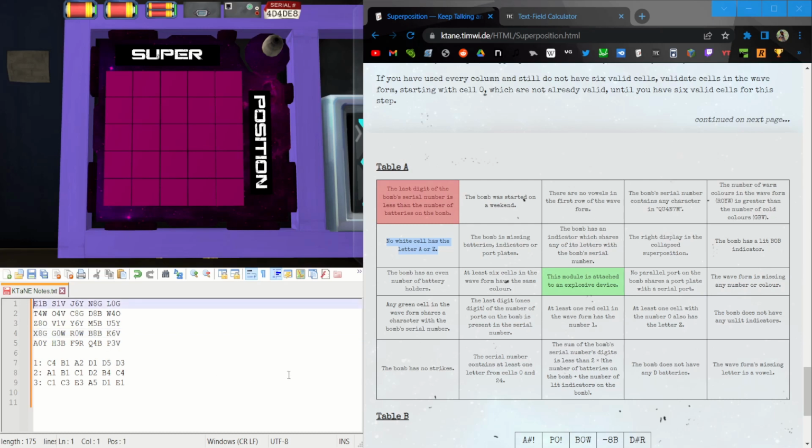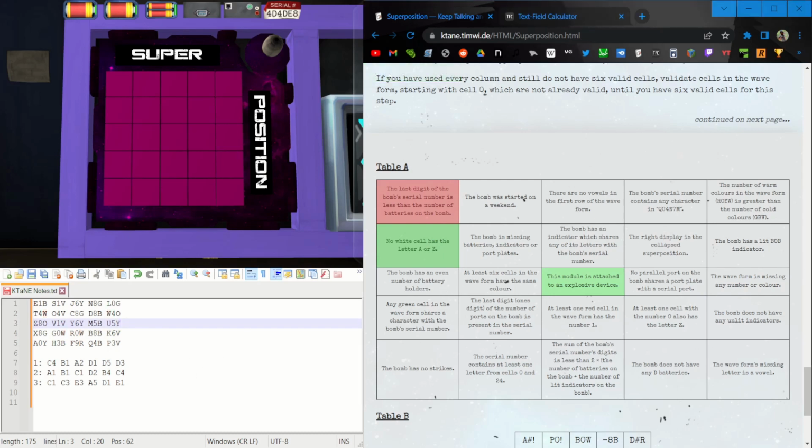I'm going to look for W in my notes, so anytime W is in the third position, that means the color. So we're going to find if the first letter is Alpha or Zulu. In this case, it's not. So this rule is true because no white cell has the letter Alpha or Zulu.